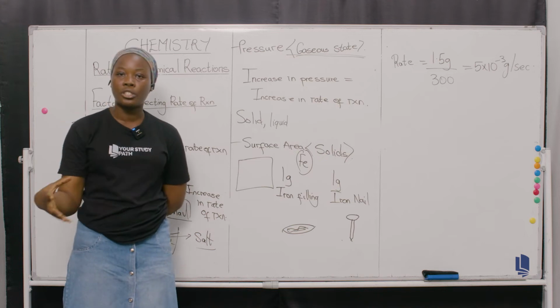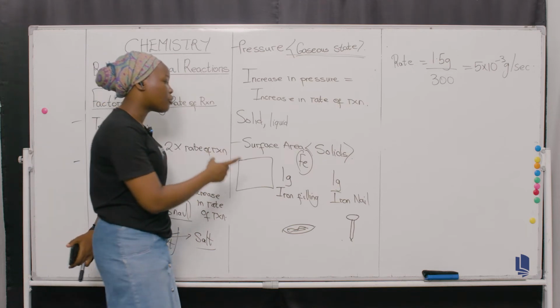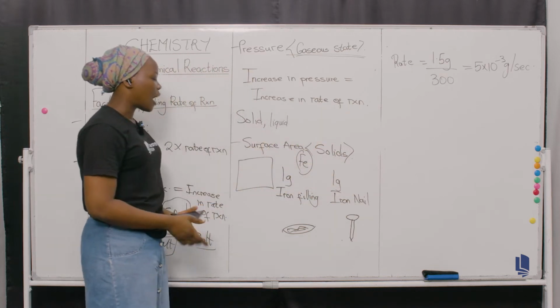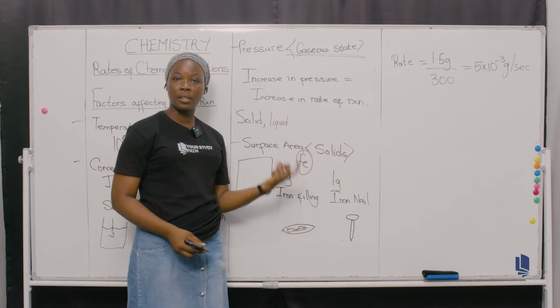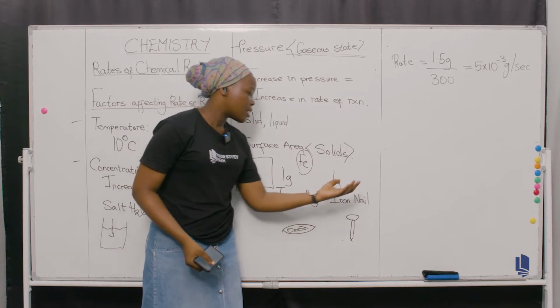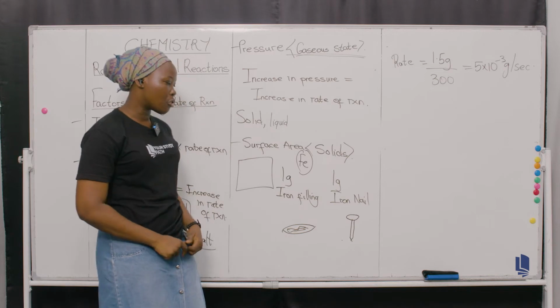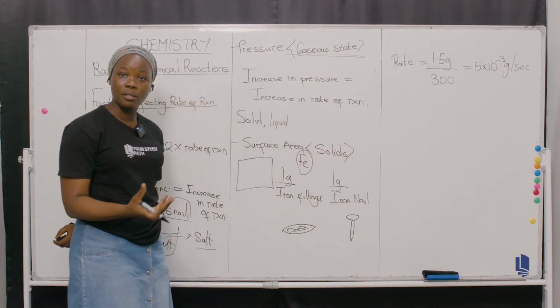I said increase in surface area. For an enlarged surface area, there would be an increase in rate of reaction. I said if we consider iron, which is a metal, Fe, 1 gram of iron filling and 1 gram of iron nail, they are both 1 gram. That means they have the same mass, right?